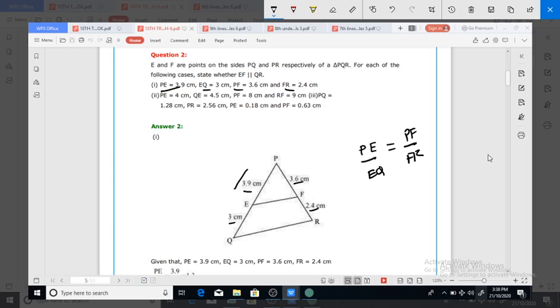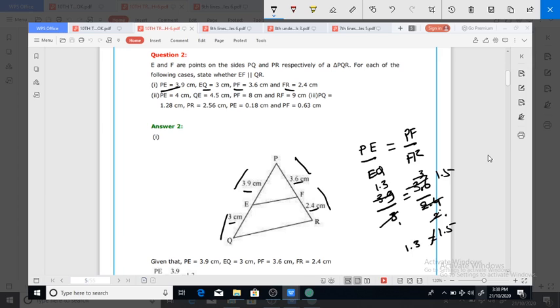Write the values: 3.9 divided by 3 and 3.6 divided by 2.4. Cancelling, we get 1.3, and on the other side 1.5. So LHS is 1.3 and RHS is 1.5. So these are not equal.